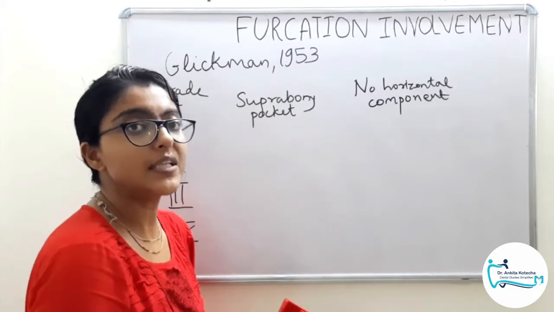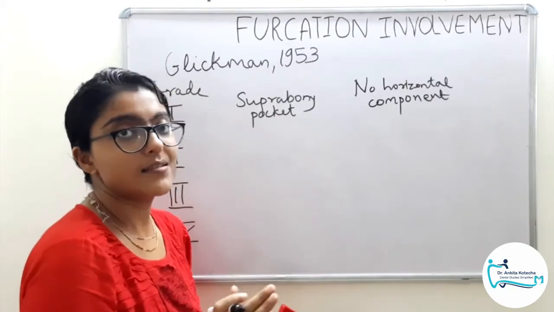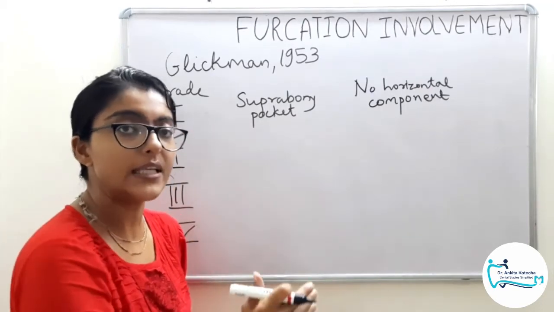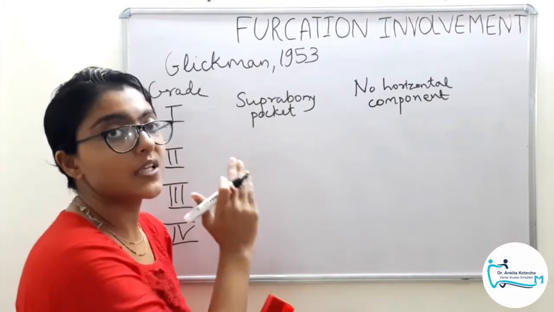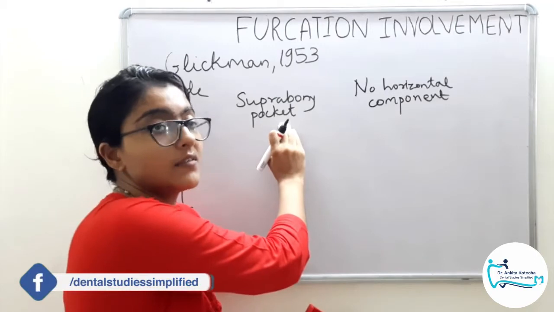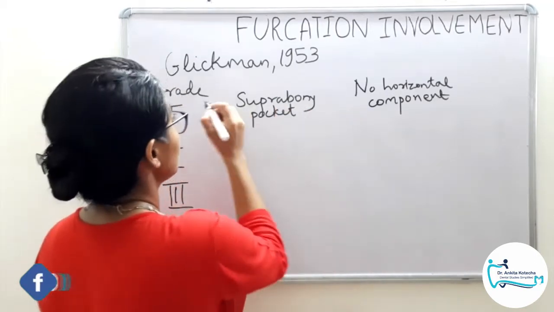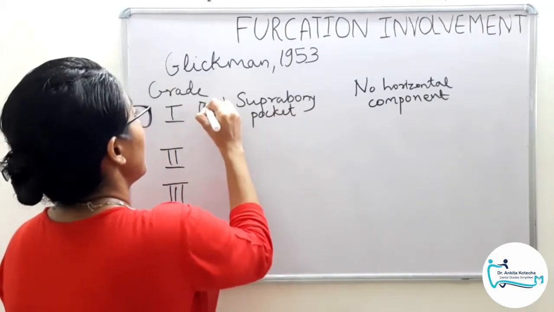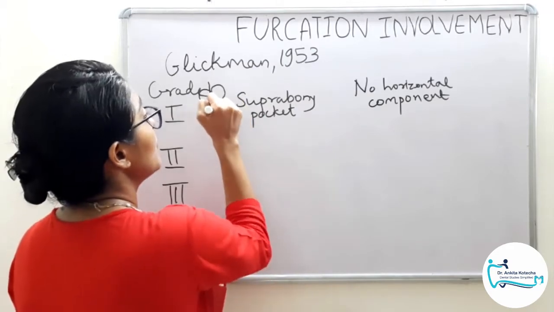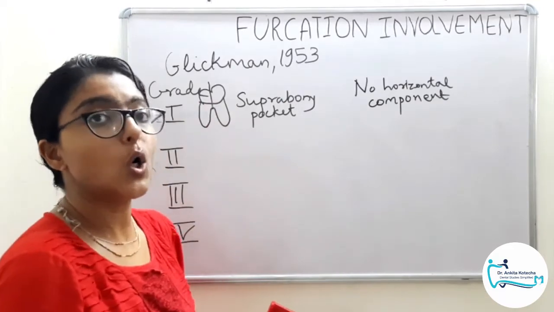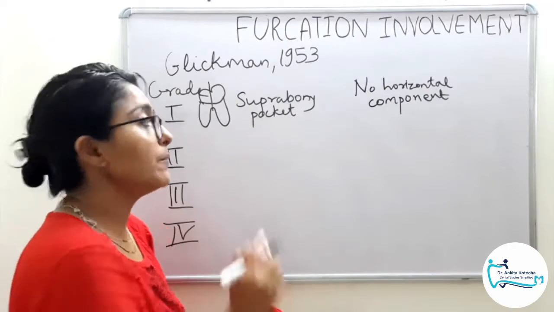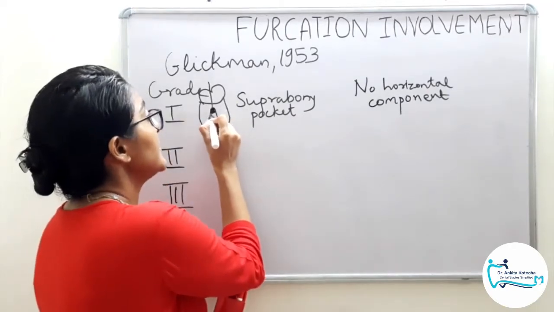The only limitation is it did not enter the furcation region, that is in the horizontal direction, but vertically it was able to reach the furcation opening, and that is why it has been classified into grade 1, that is it has reached the furcation here. But if you try to penetrate the probe in the horizontal direction, that is into the furcation region, it won't penetrate because this bone is intact.